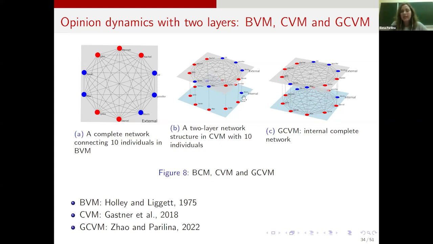Again it is a binary opinion: all the players have a binary opinion, red or blue. But in this model, the players do not communicate in the internal layer. We assume that players never tell their internal opinion to the neighbors. And you see, each node may have different opinions in the external and the internal layer.